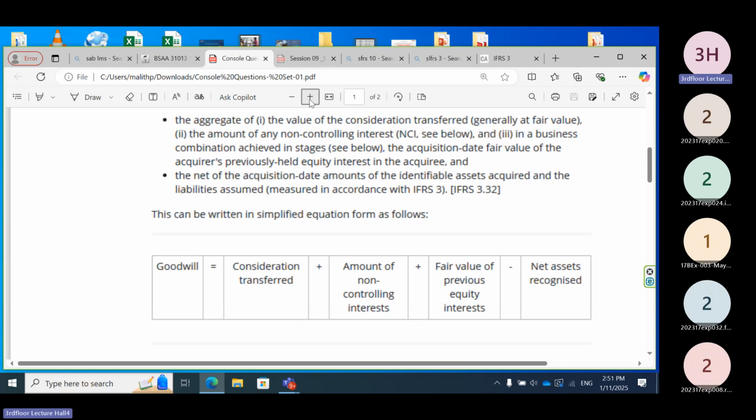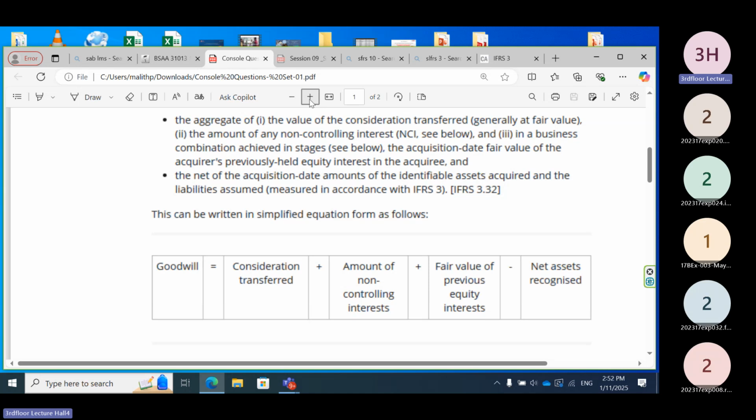Whatever the goodwill, you have recognized credit here, debit to goodwill account. What goodwill account? COC account again, cost of control account again. Which side you are getting? From the credit side. Credit here, debit to goodwill account 200. Right?